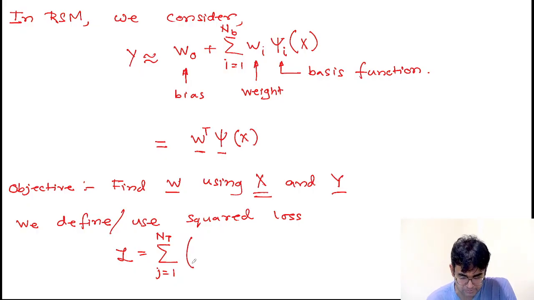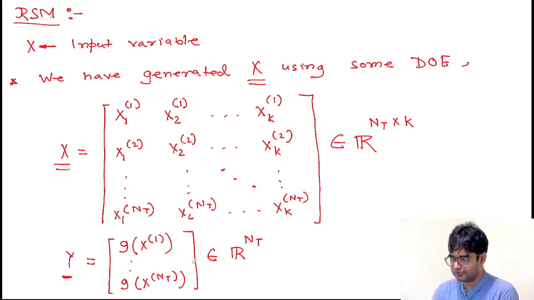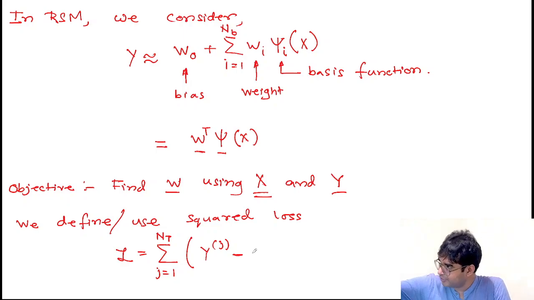For each of the samples, I will have G of x1, G of x2, something like that, which I will call Y. So Yj, the original one, the jth sample, minus whatever I can predict, which is the top equation, with x being substituted as xj.